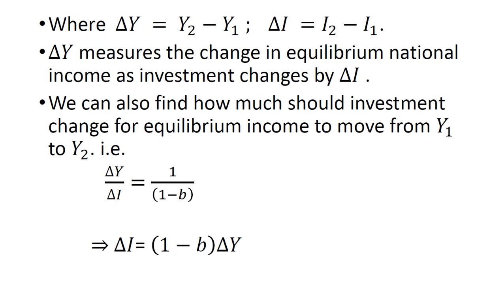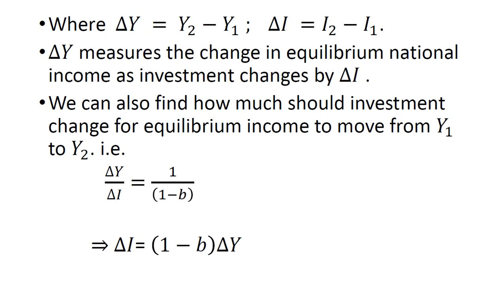Sometimes we also want to find out how much should investment change for equilibrium income to move from one level to another. What we saw earlier is, should investment change by so and so amount, by how much will equilibrium national income change from one point to another.